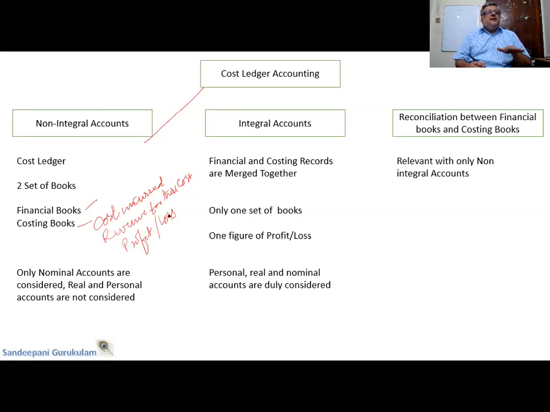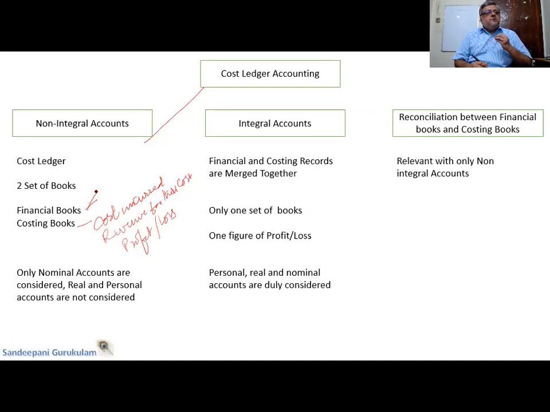It is only an informative set of books, because you are not going to create a balance sheet from costing books. At most, it gives the information of cost incurred and the matched revenue, and gives you the profit and loss. The financial books have everything.